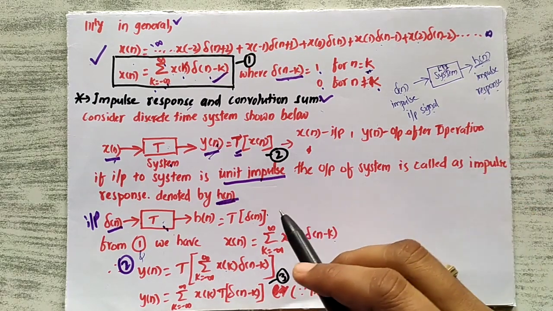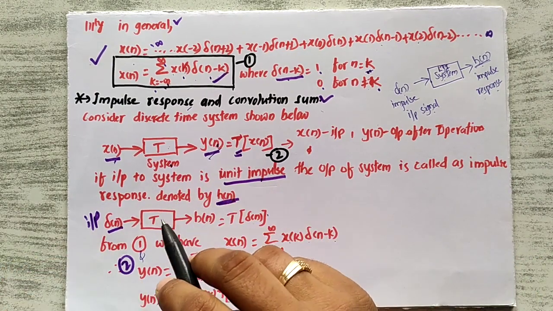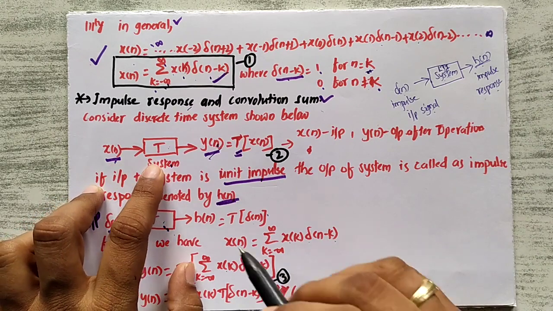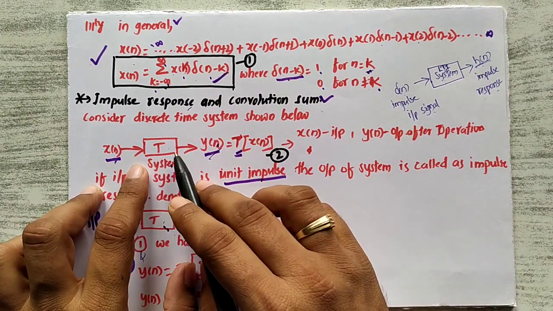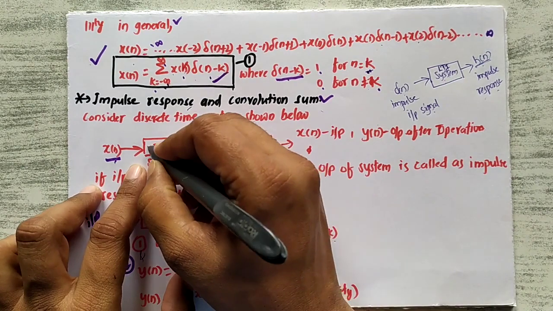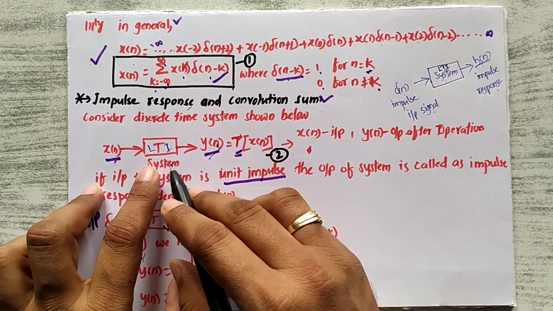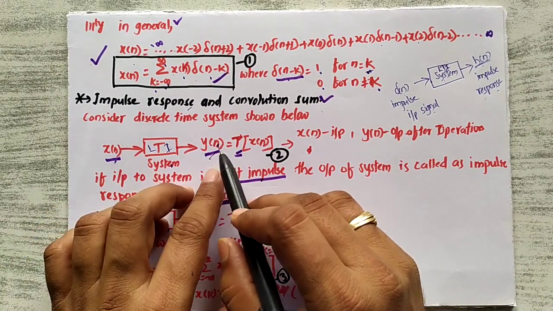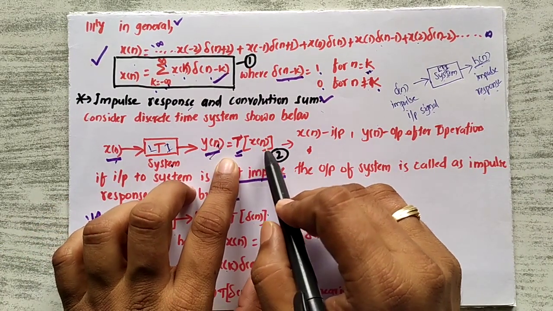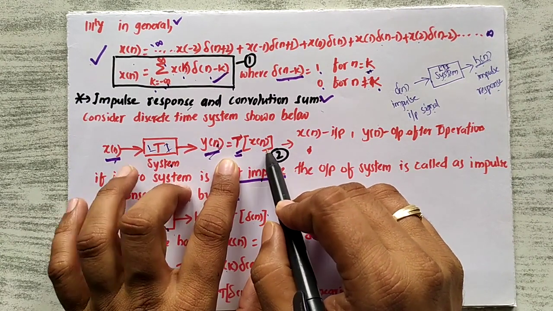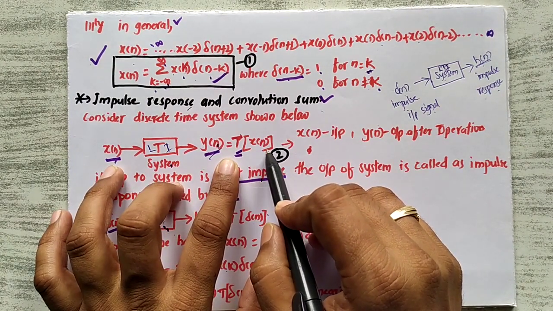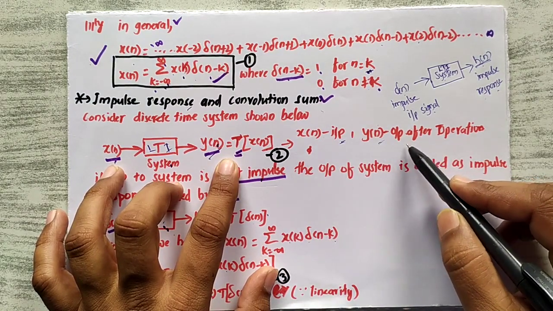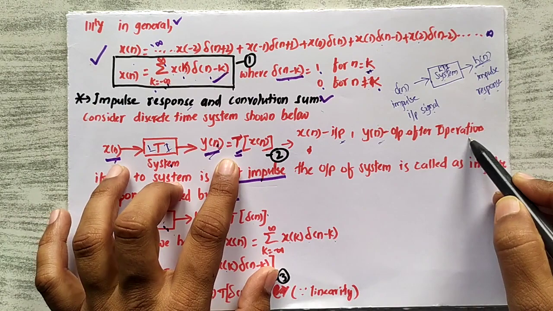Simply, you can consider one more example shown below: x of n is the input given to the LTI system, and it produces y of n. So what exactly will this y of n expression be? It is some time related operation, T, performed on x of n. So here x of n is an input discrete time signal, and y of n is the output after some operation on x of n.